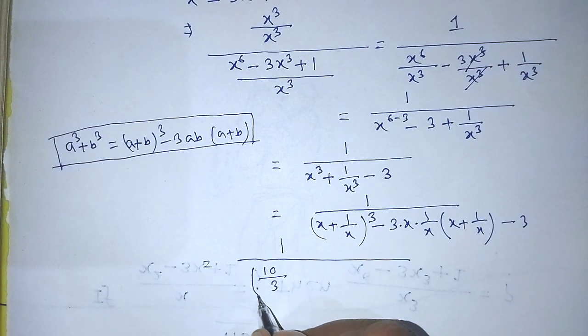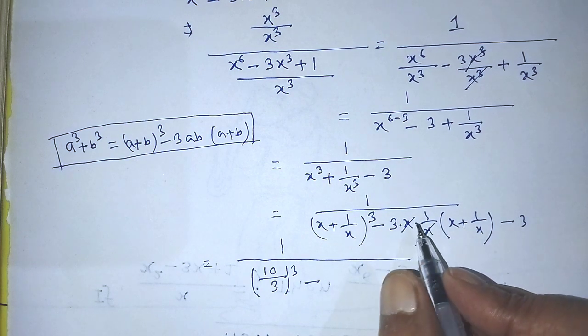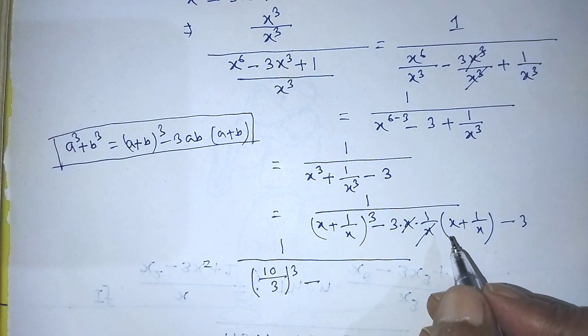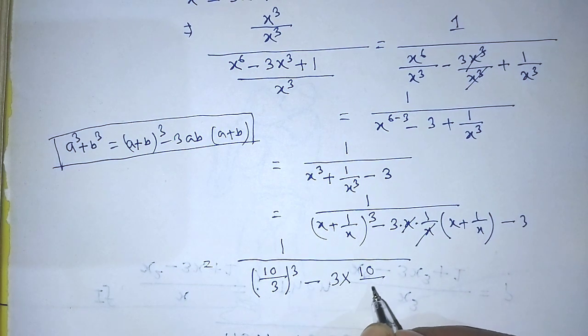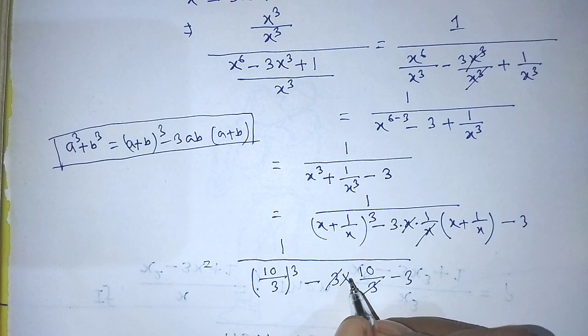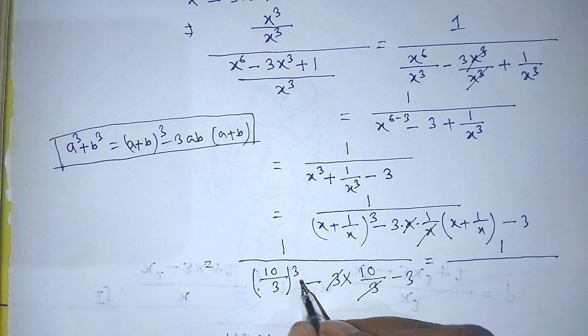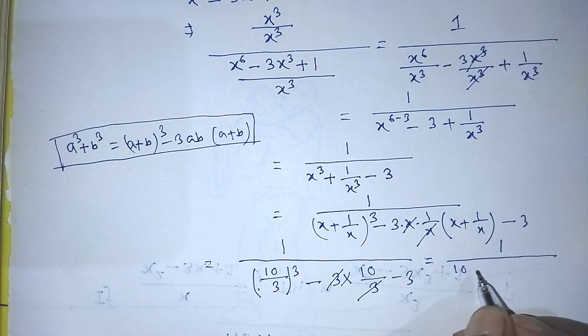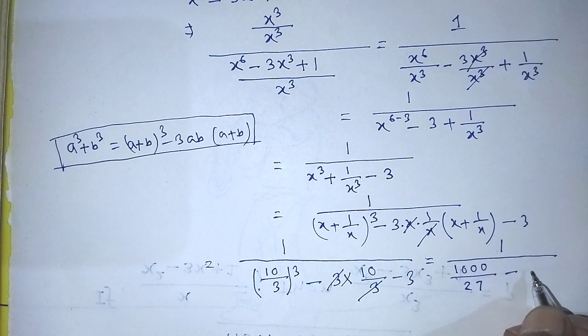So 10 over 3 whole to the power 3, minus, we can cancel x from numerator and denominator, then we write 3 into 10 over 3, minus 3. We can cancel 3 from numerator and denominator in the second term. Again we write 1 over. So 10 over 3 whole to the power 3 is 1000 over 27, minus 10, minus 3.